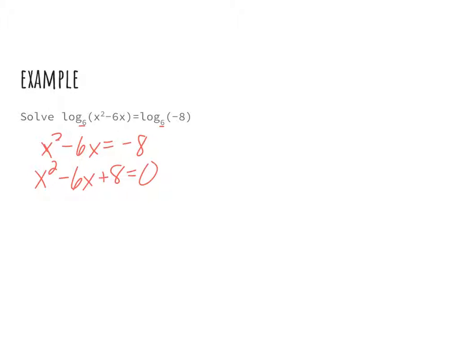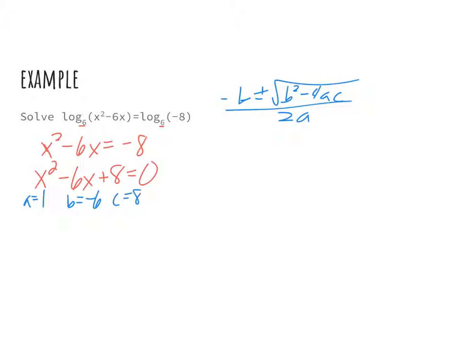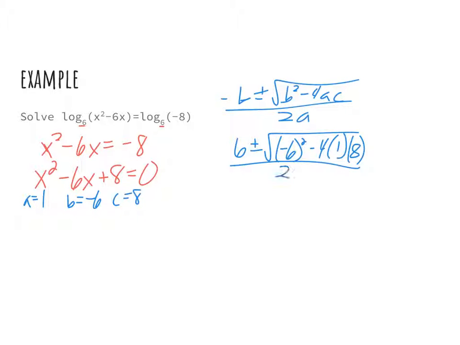We'll go back to the quadratic formula. Negative b plus or minus the square root of b squared minus 4ac all over 2a. In this case, a is 1, b is negative 6, and c is positive 8. So negative b would be a positive 6. Underneath the square root, negative 6 squared minus 4 times 1 times 8, all over 2 times 1.